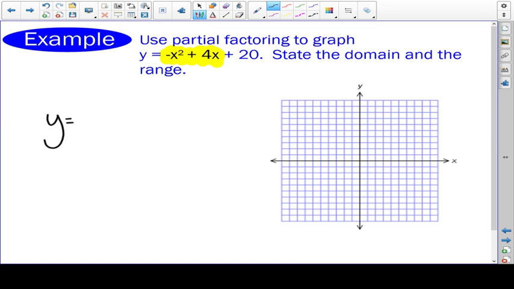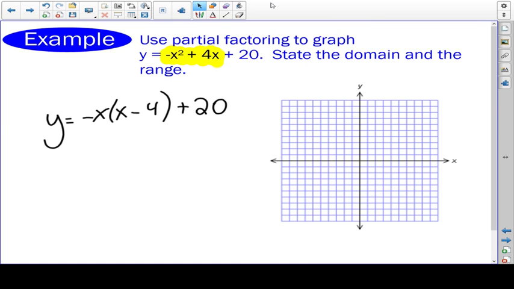We could take out negative x. I'm going to take out negative x. If I take out negative x, I'm left with x minus 4. And then I still have that plus 20 on the end. Okay? So I just took out negative x as a common factor from the first two terms. That's all I've done so far.